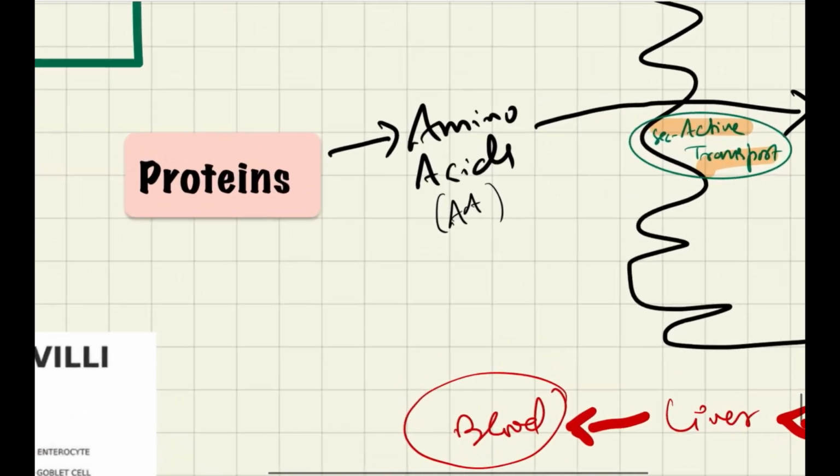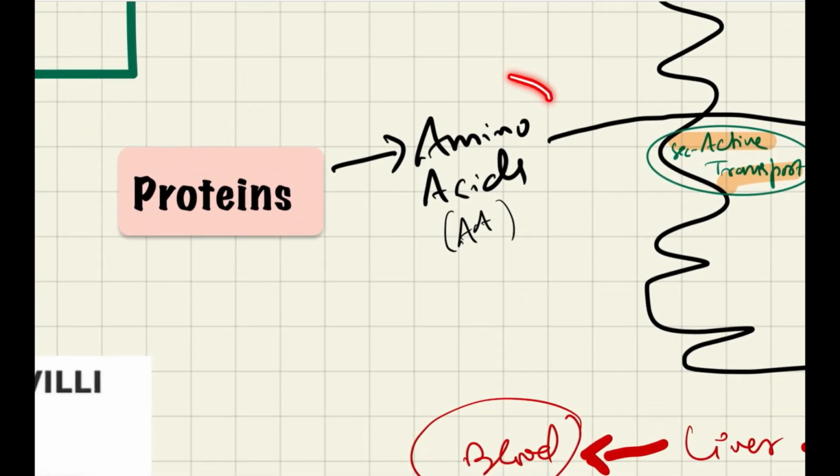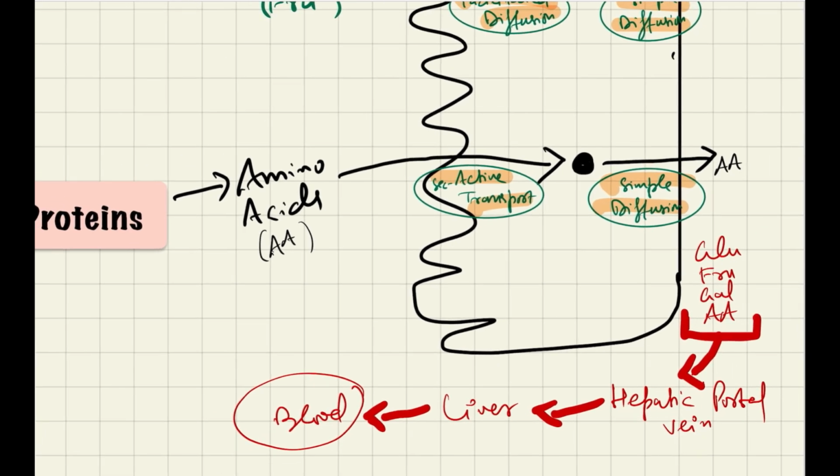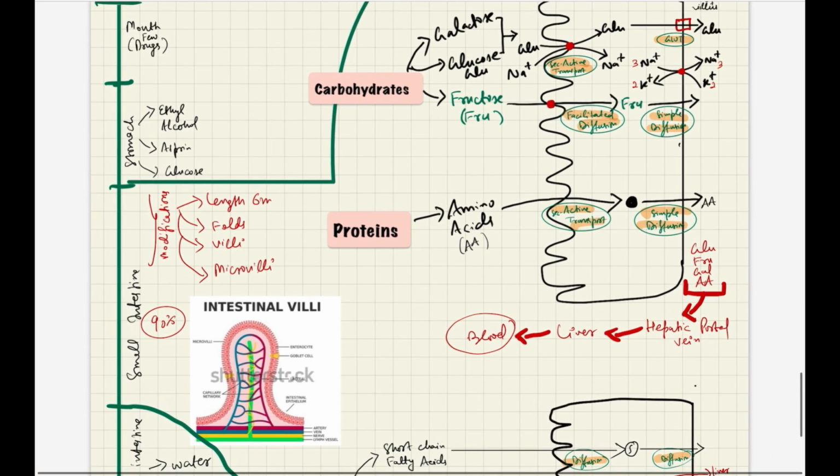Now let's come to proteins. Proteins are digested into amino acids, and amino acids travel through secondary active transport with sodium or calcium into the cell. Then from inside the cell, by simple diffusion, they move to blood capillaries.